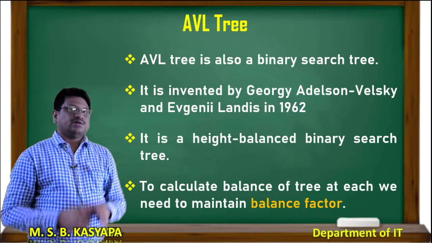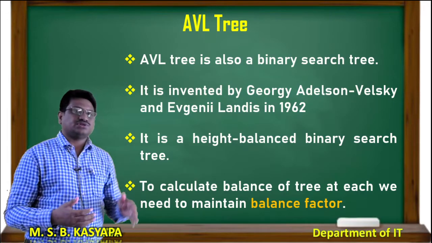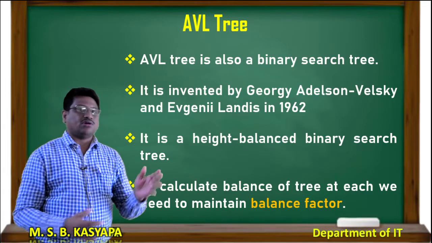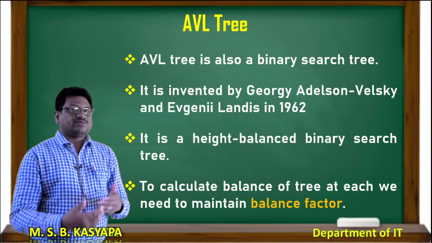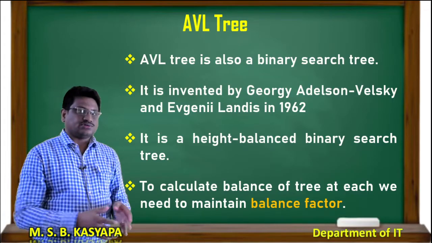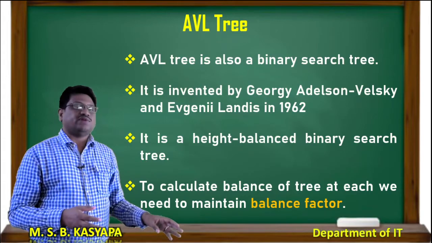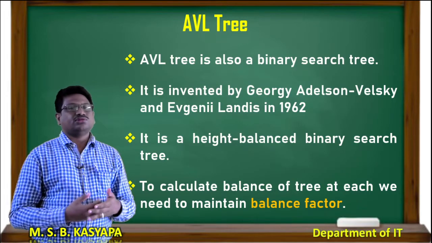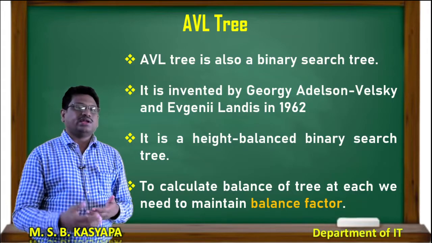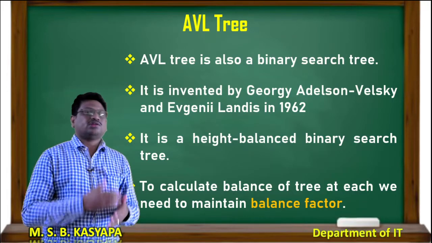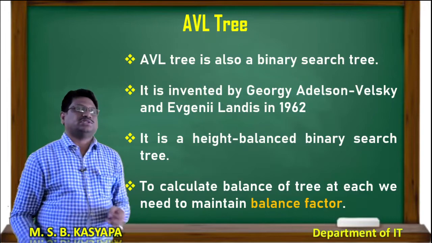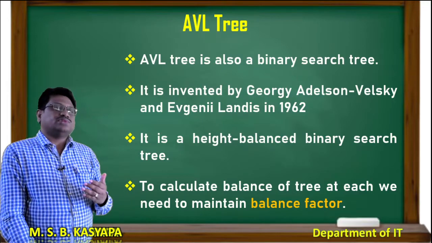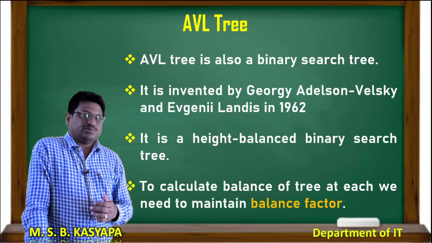What is that? I may create a left skew tree or right skew tree even after following the insertion rules. What are the rules? Smaller value on the left side, bigger value on the right side. Even after following those rules, I may create trees with high time complexity. So to overcome this, the AVL tree has been introduced.